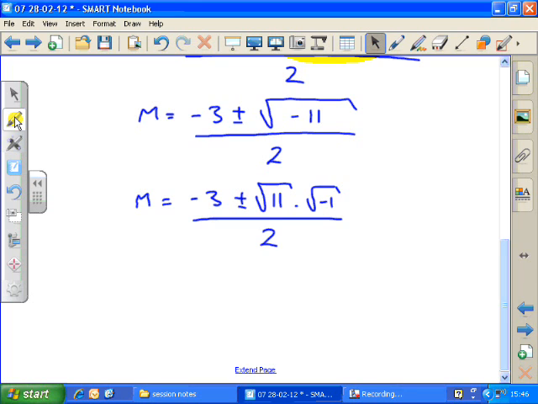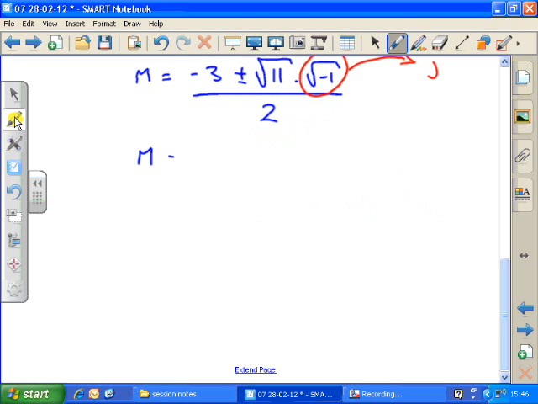The square root of minus 1 we can't do. That just makes no sense in the real world. So that's a signed letter j, you might remember. So m equals minus 3 plus or minus root 11 j over 2.